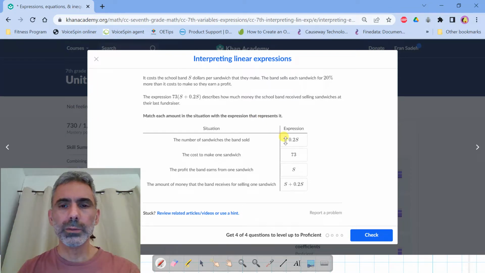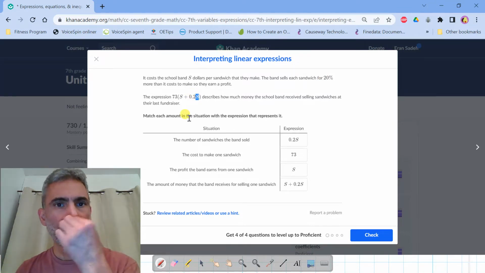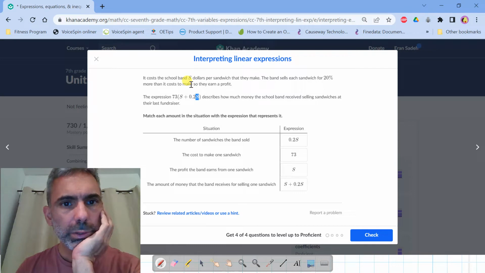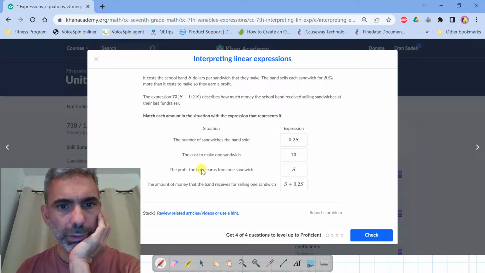Okay, so 0.2S is 20% times the cost of making a sandwich. So 20% times S is the amount of profit per sandwich, the profit the band earns from one sandwich.